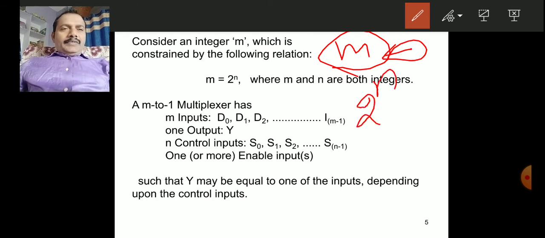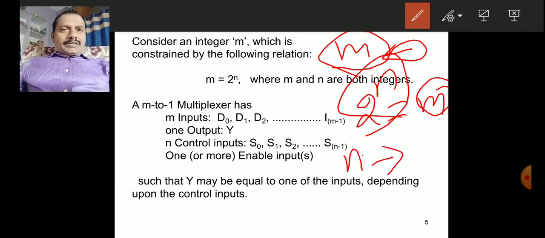And if you are able to express this m in terms of 2 power n, then this n is the number of selection lines or control lines to select one of the inputs and present it at the output.